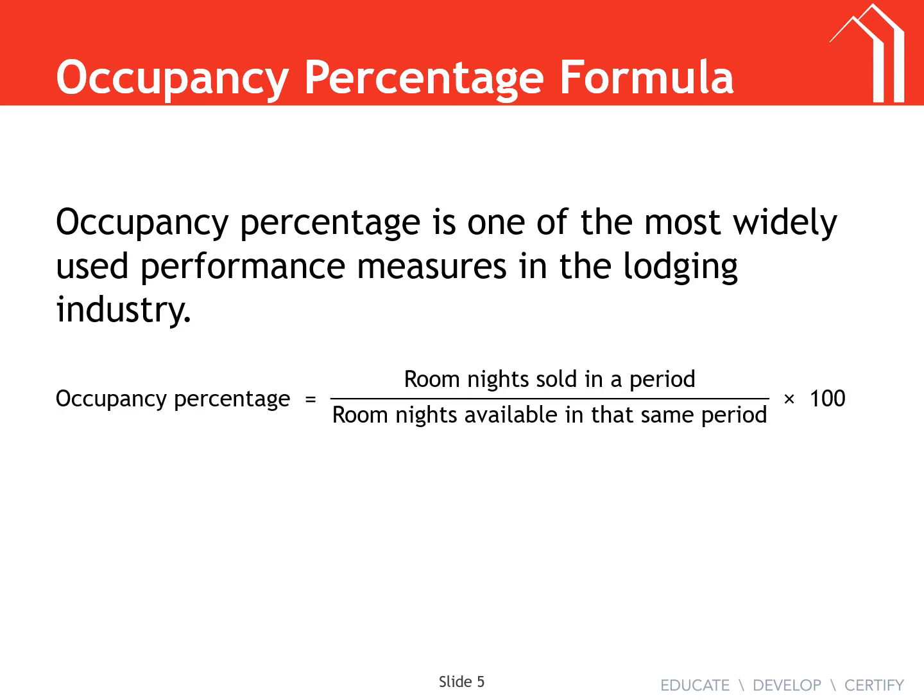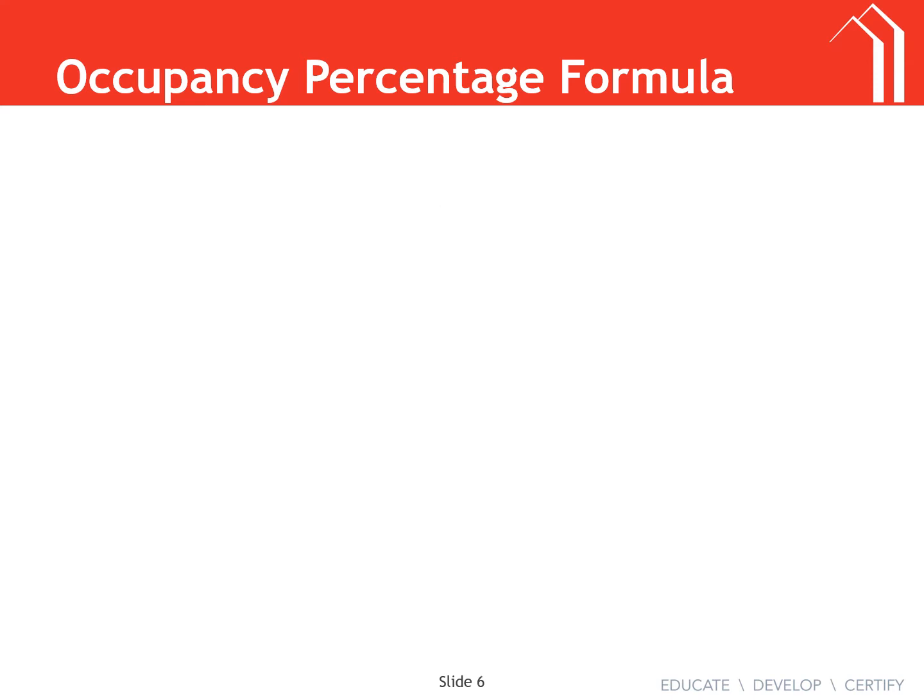It expresses the portion of rooms sold to the total rooms. The formula for occupancy percentage is room nights sold in a period divided by room nights available in that same period, times 100.